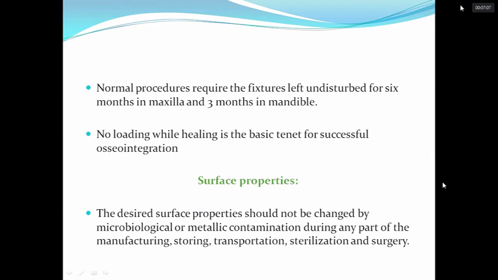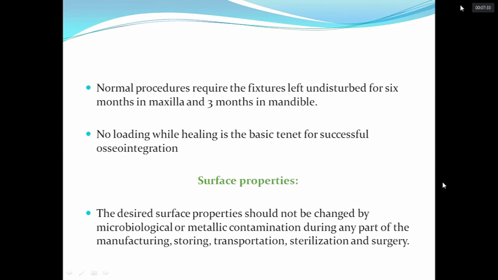Mandible can move through the temporomandibular joint, and maxilla is a fixed bone. So while chewing, the force from the mandible will go into the maxilla, so we need maxilla to absorb that force.